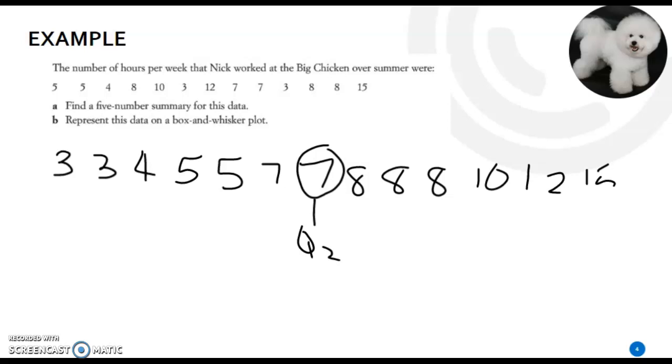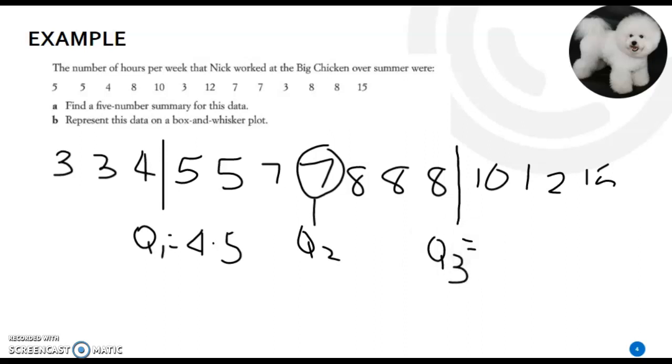Now we need to look at the left and get the median of those 6 scores, which is going to be in between here, and that is quartile 1. Halfway between 4 and 5 is going to be 4.5. Same over here. That one's quartile 3, and that's halfway between 8 and 10, which of course is 9.